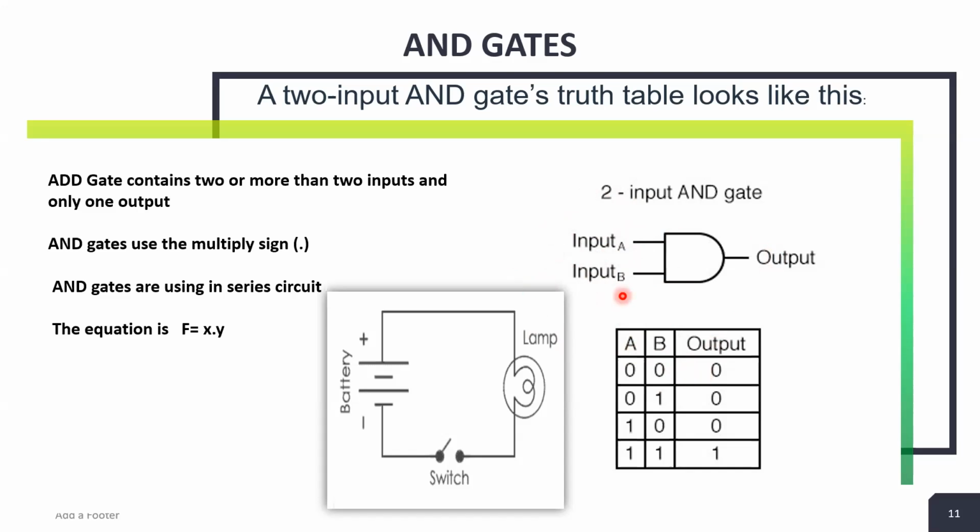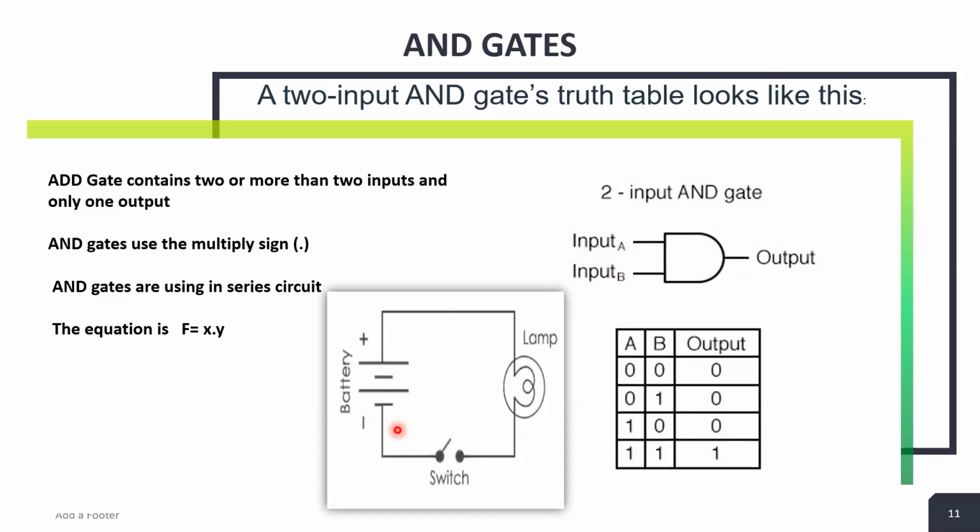Clear? Suppose A is 0 but B is 1, it means A is open and B is closed. Then what will be the output? These are series circuits. A series circuit means the current flows in only one direction. So suppose this one is 1 and this one is 2.